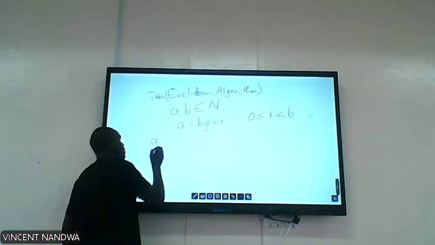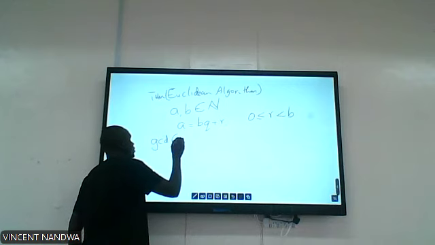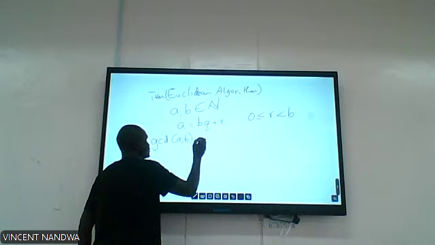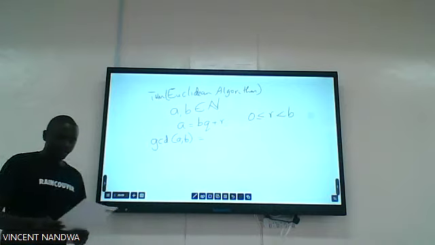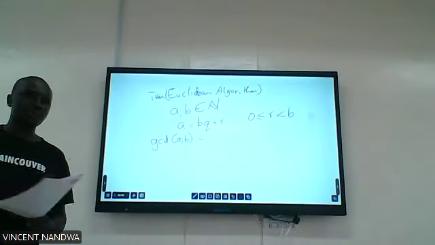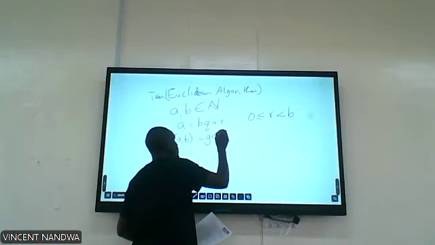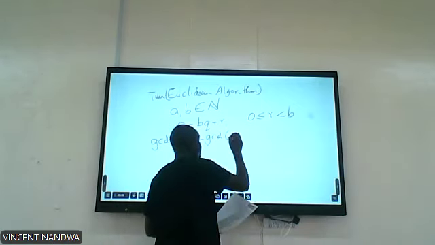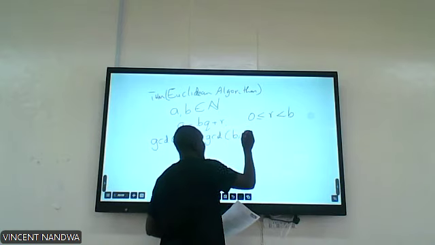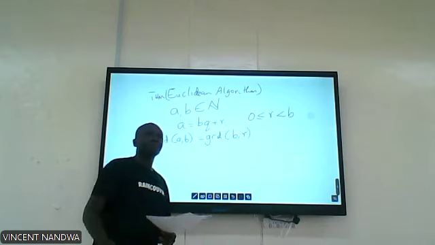Then the GCD of A and B is the same as the GCD of B and R.